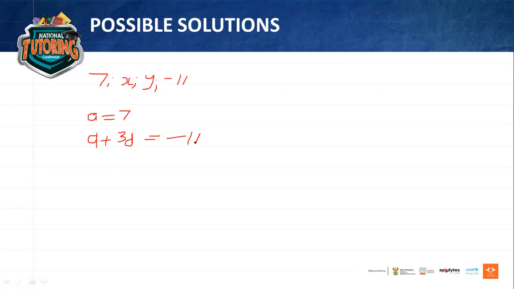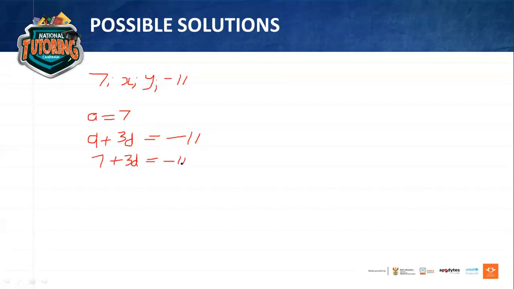Okay, so this one we know. Now, what is it that we do not know? We don't know the x and the y. From this, it's easy. You've got the value of a, which is 7. You can just substitute: 7 plus 3d is equal to minus 11.